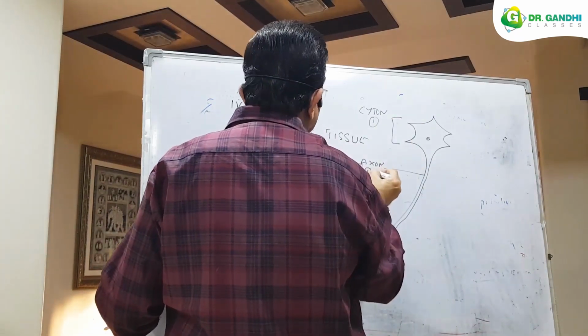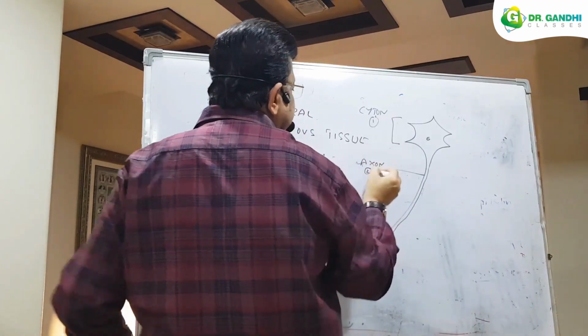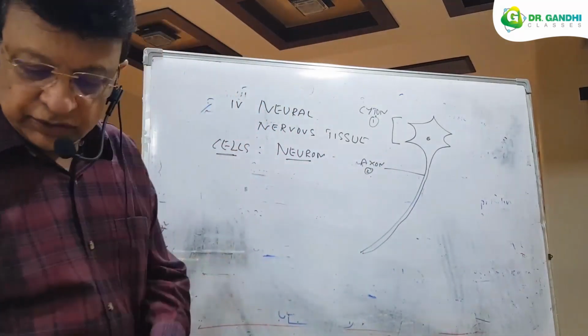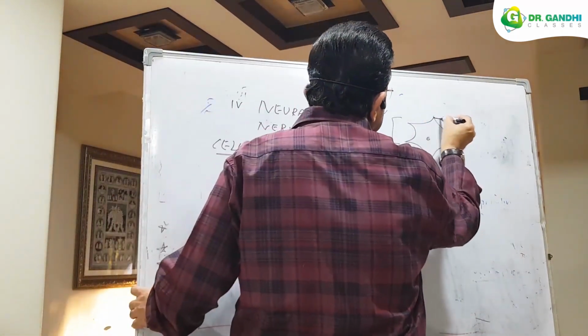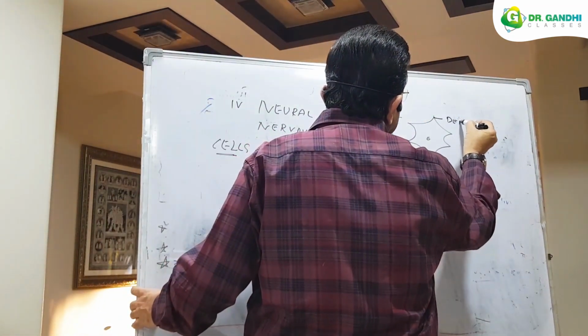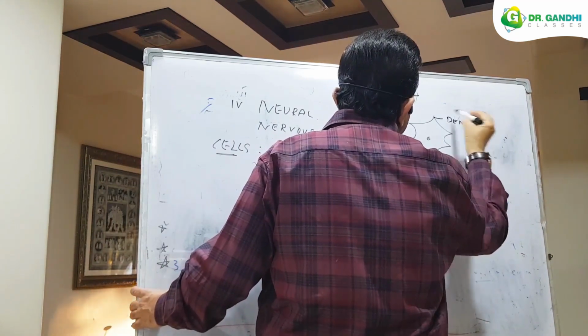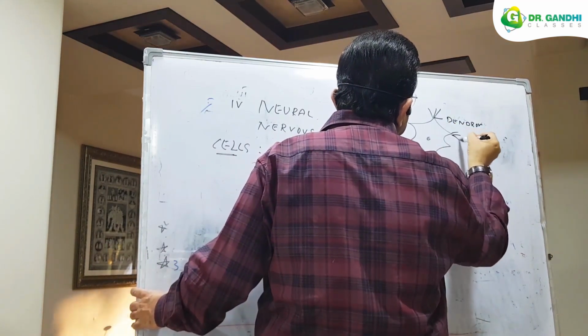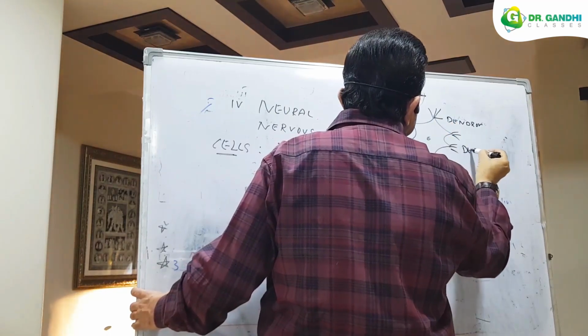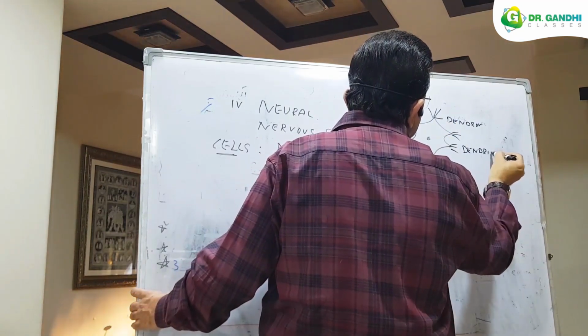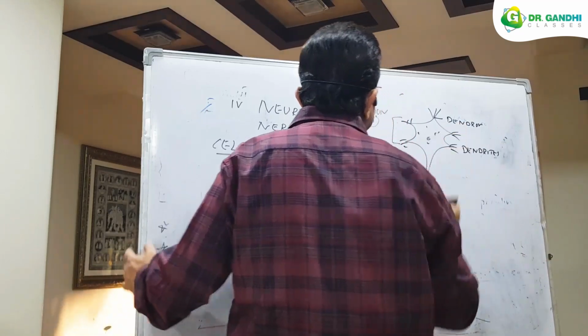So the two parts of the neuron then are cyton and axon. You can see the cytoplasm, you can see these extensions. These extensions are known as dendron. And from the dendron, tree-like branches arise, known as dendrites. You will have to draw this in your exam.